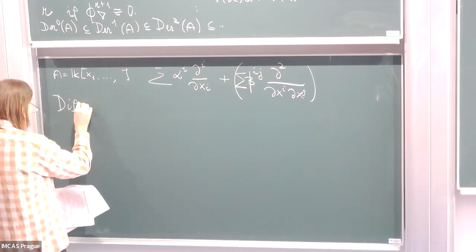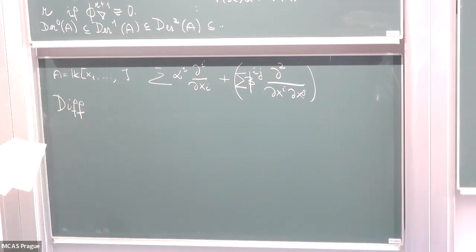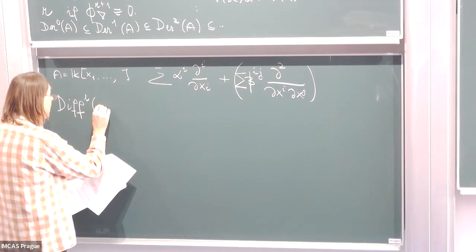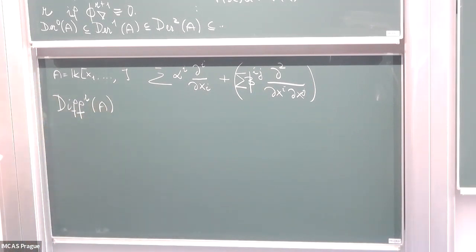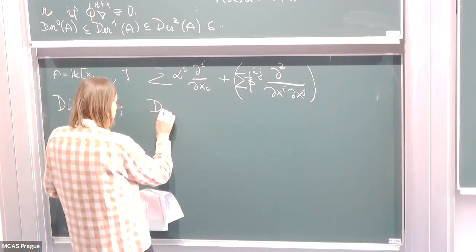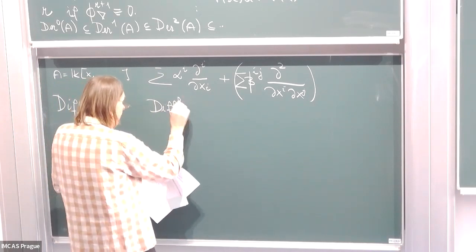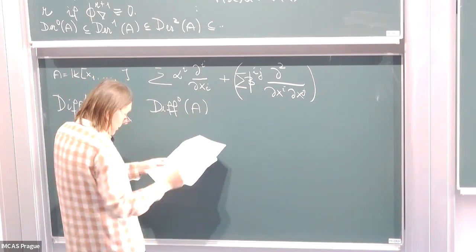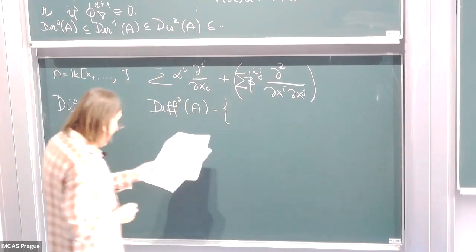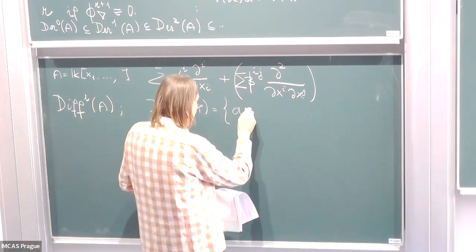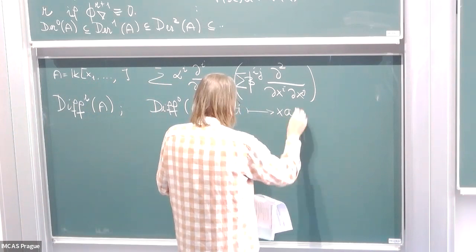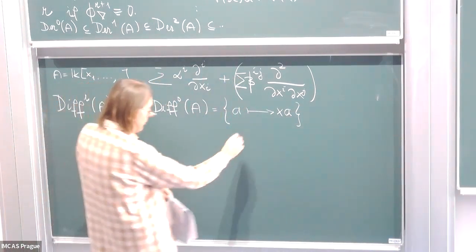So I'm going to recall the notion of differential operator of order R of A. Again, A is a commutative associative algebra. It is defined inductively, namely differential operators of order 0 are just left multiplications. So they are linear functions that send A to, let's say, x times A. Let me denote this function by Lx.